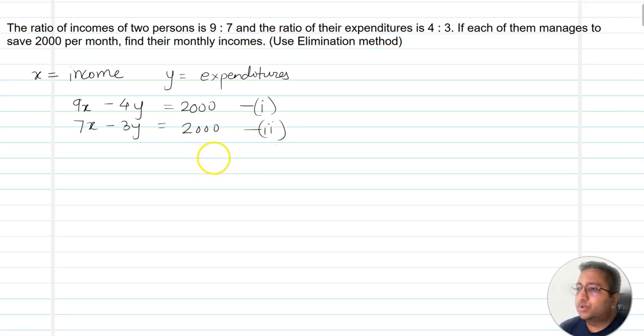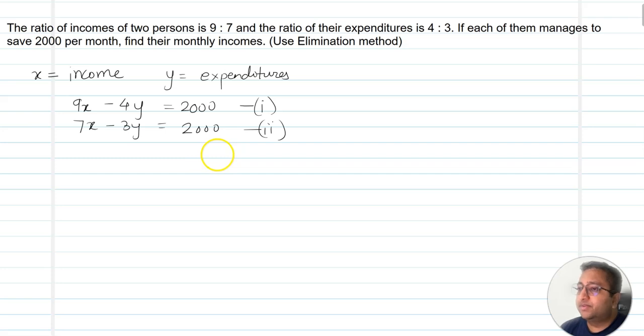Now, we are supposed to solve this system of linear equations using the method of elimination. In the method of elimination, what we do is we first consider a variable, and for that particular variable, we bring the coefficient as same for both the equations.